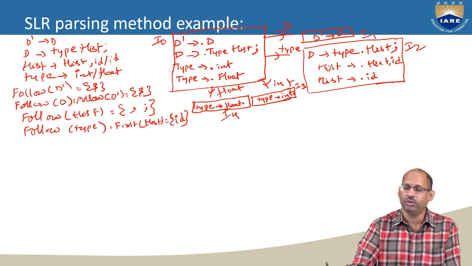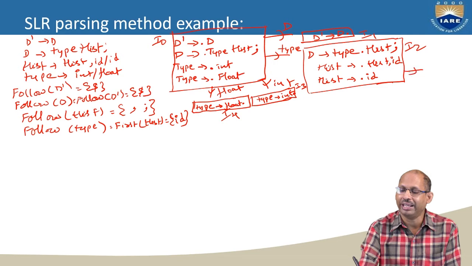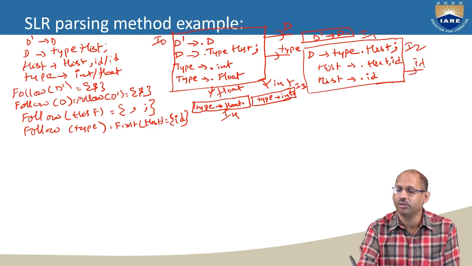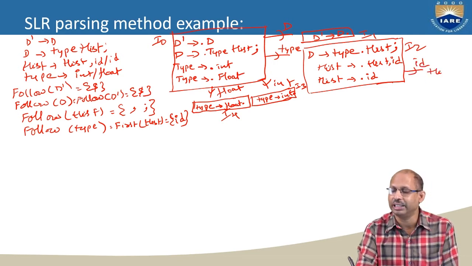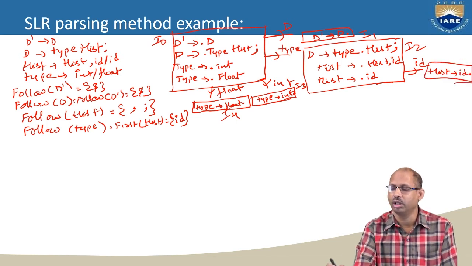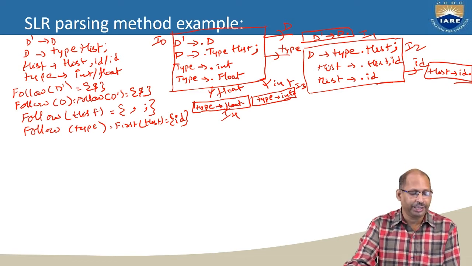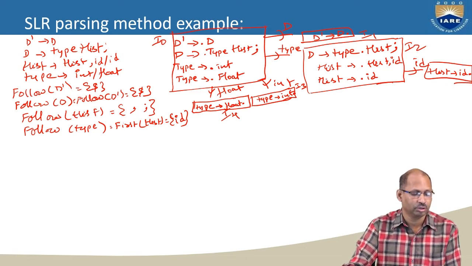So on id we use list gives id dot. Dot id becomes id dot.